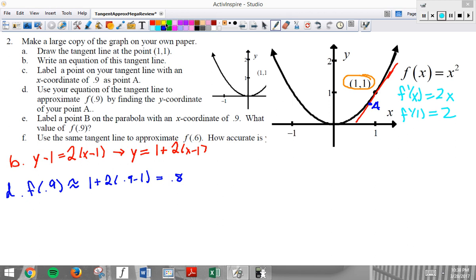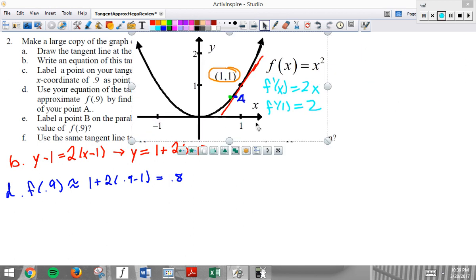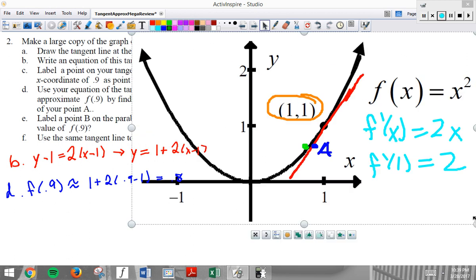Label point B as the actual point. That's right here. See how they're close enough together? The idea, everybody, is if I really blew this up, you can see that they're actually disagreeing.